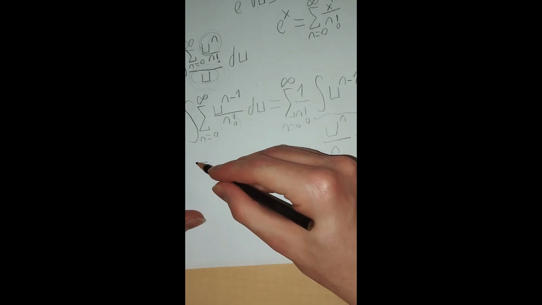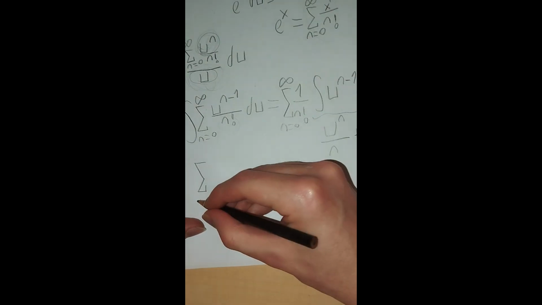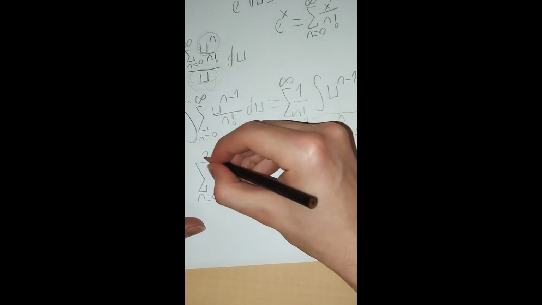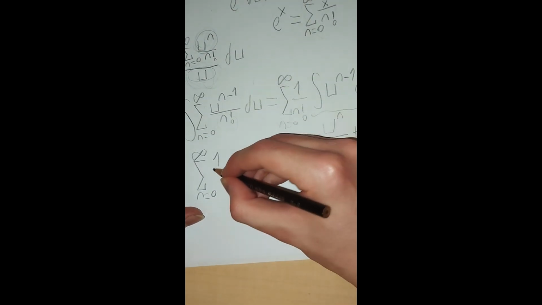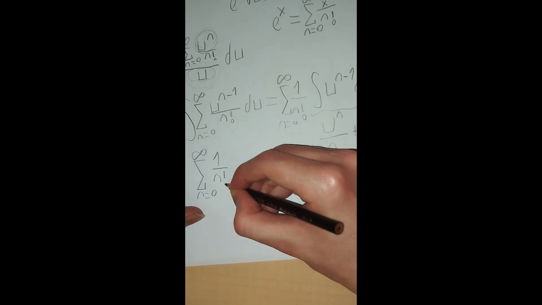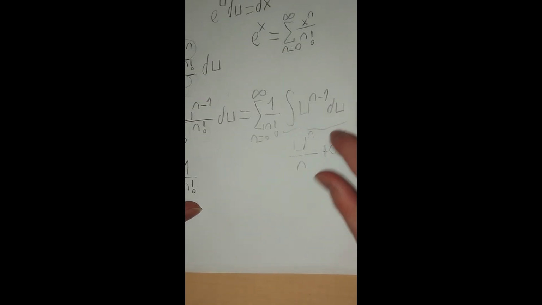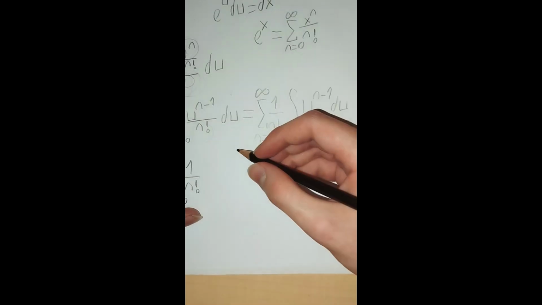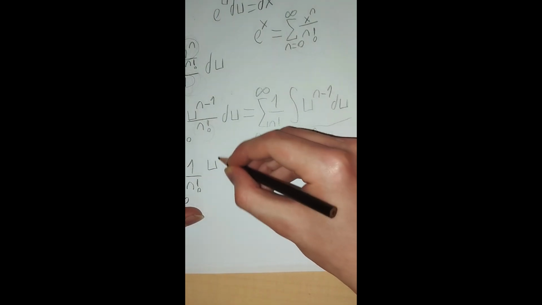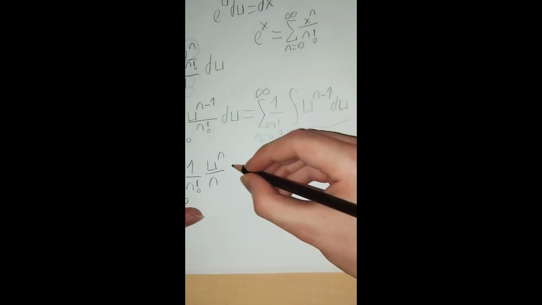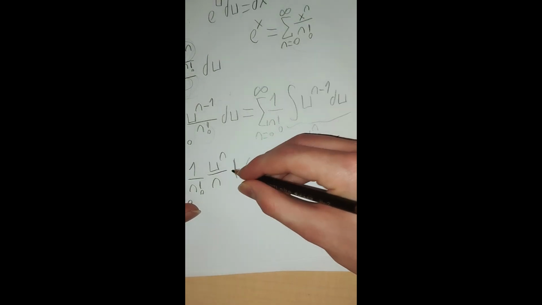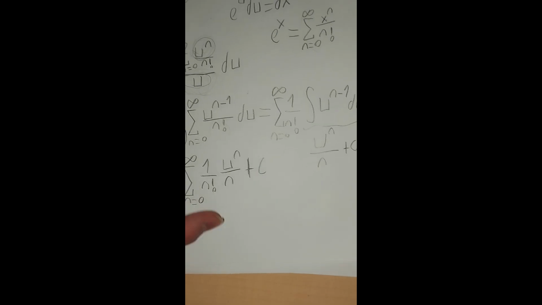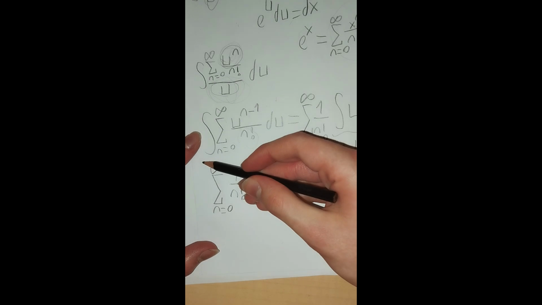We are gonna have summation n equals 0 to infinity, 1 over n factorial, and then we have u to the nth power divided by n, and we have some constant c. So this is basically our answer for this question.